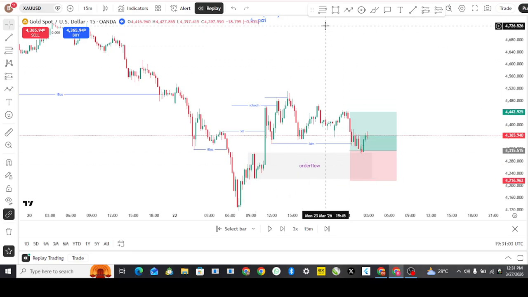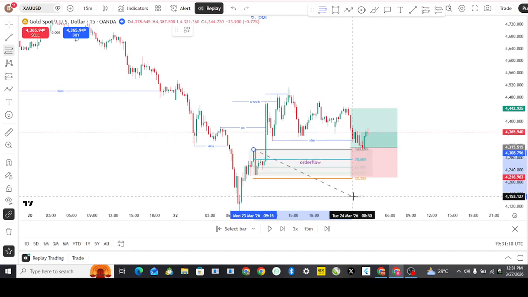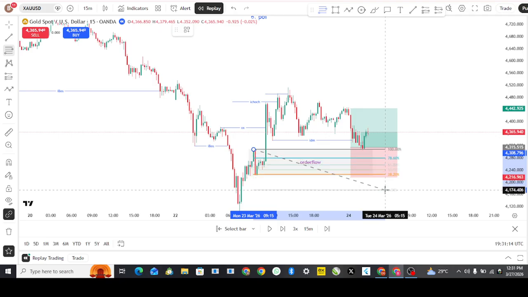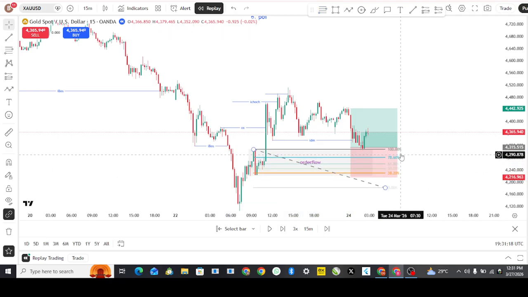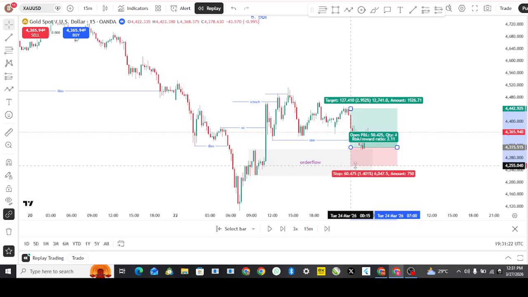Understand? Well, if you use Fibonacci tools, let's see. Then you can bring your stop loss close. Let's say you go to a lower time frame, you refine your stop loss.